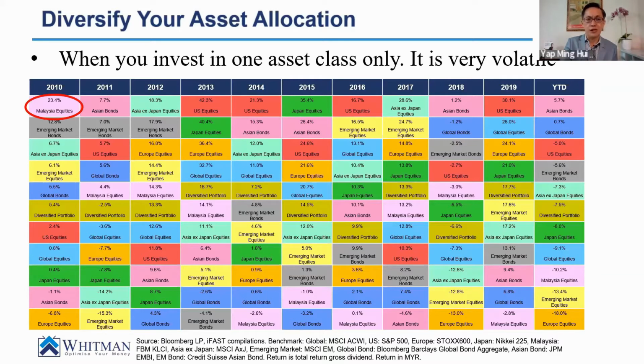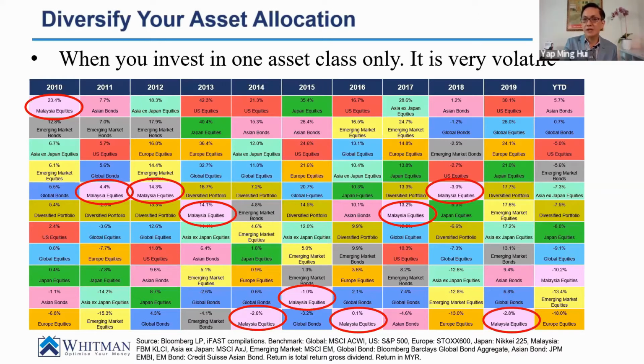In 2011, it dropped to the middle, stayed in the middle, and then dropped to the bottom in 2014, went up slightly in 2015, dropped again in 2016, and then went to the middle in 2017, then stayed middle, and in 2019 dropped again, and year to date is also quite near the bottom.